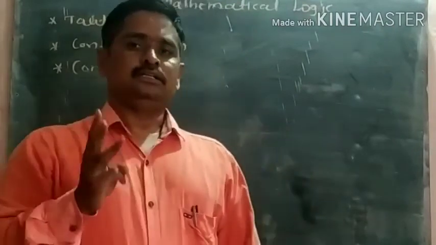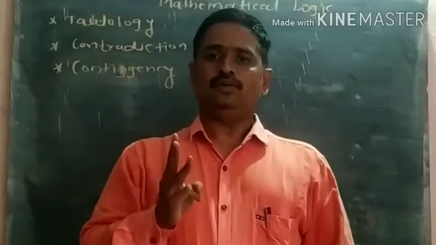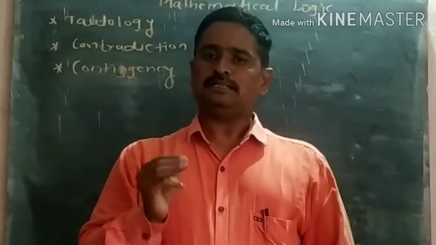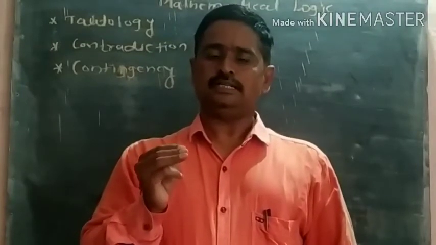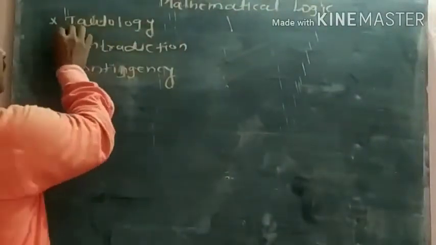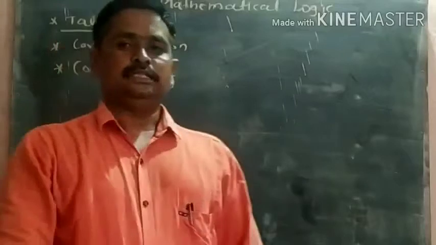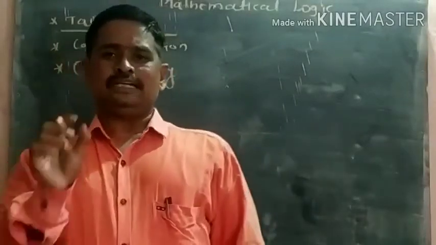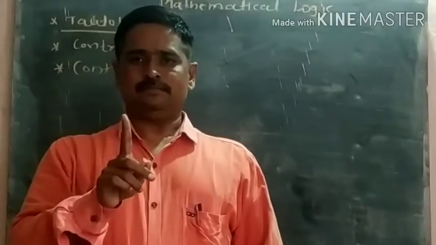There are three topics involved in this chapter, that is tautology, contradiction and contingency. First of all, we see tautology. So what do you mean by tautology? In a tautology, we consider always one statement.